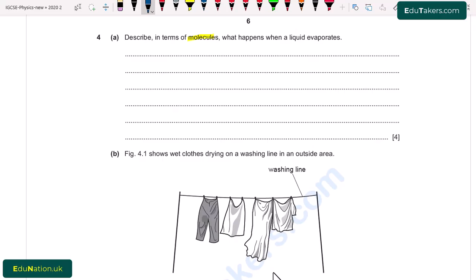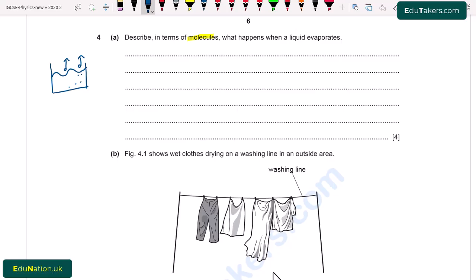If I consider that in this beaker there is a liquid and this is the surface of the liquid, the molecules that have high energy will escape from the surface of the liquid. Molecules of low energy remain and do not escape because they don't have enough energy.